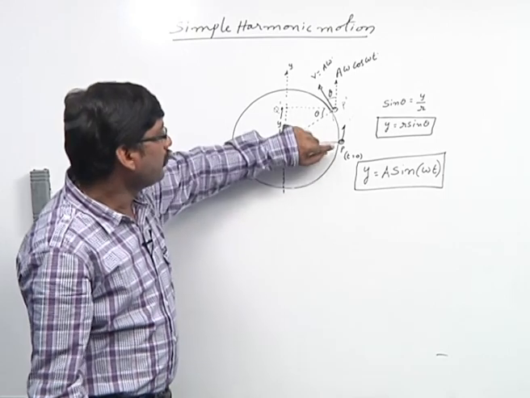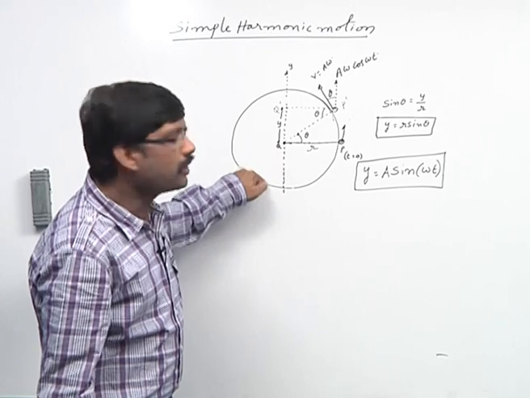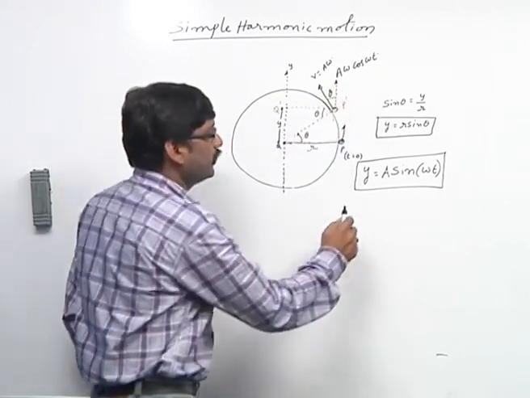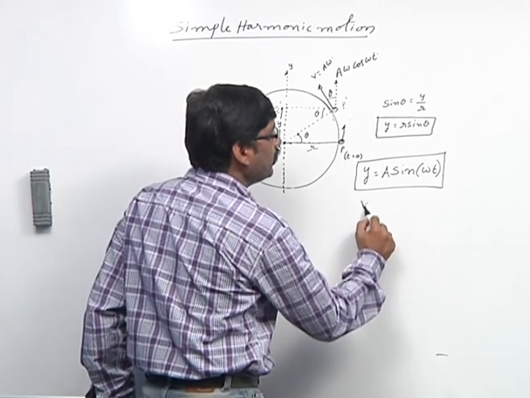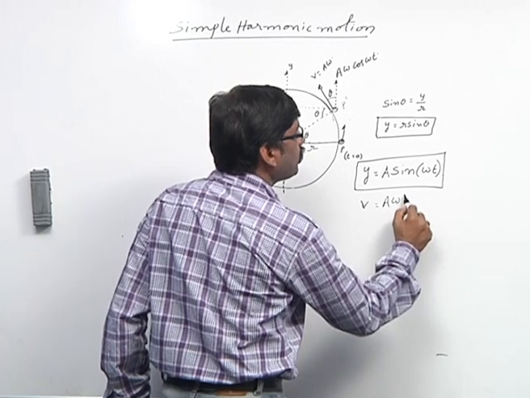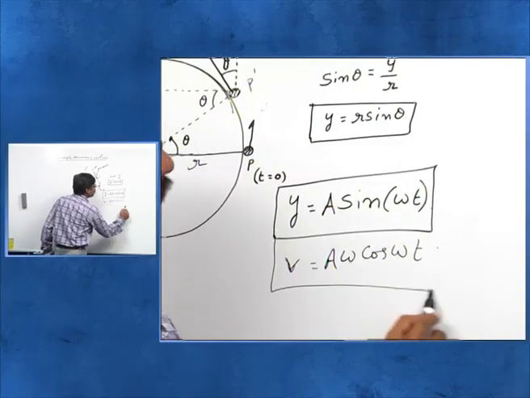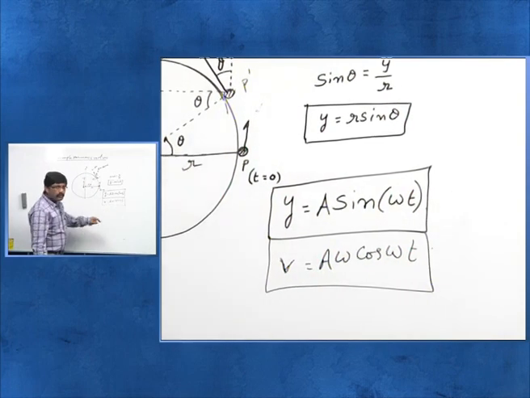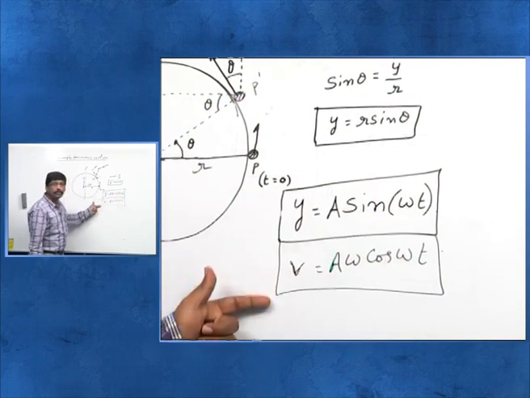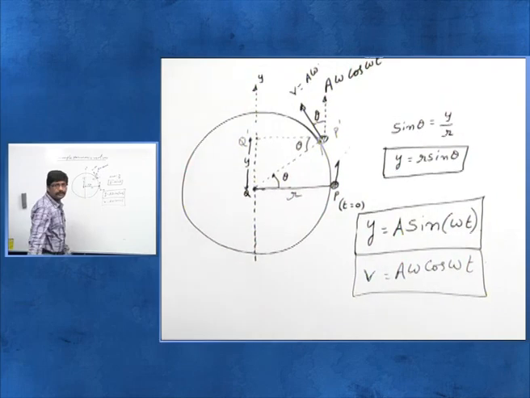That means if P moves with a uniform speed along the circular path, its image along the y-axis moves with the speed a omega cos omega t. So the velocity of Q is a omega cos omega t. Even if you differentiate this displacement with respect to time, you will get the same formula. That gives the displacement and velocity of Q, which is moving along the y-axis.